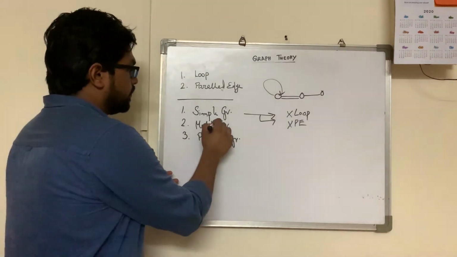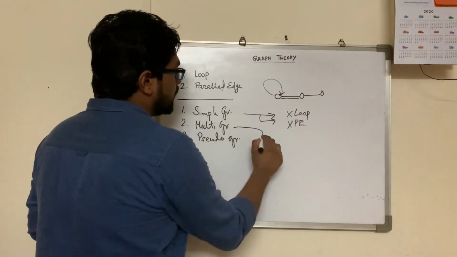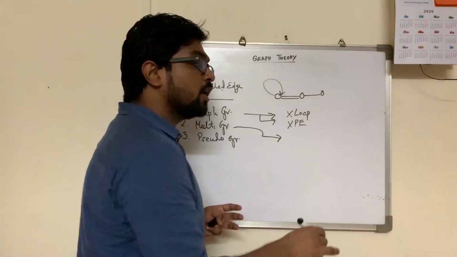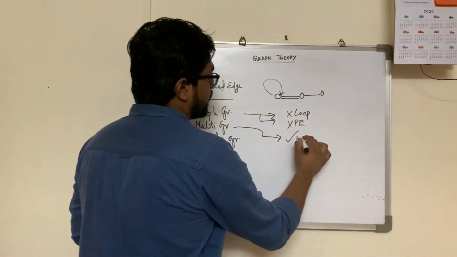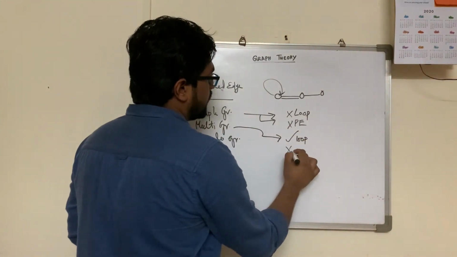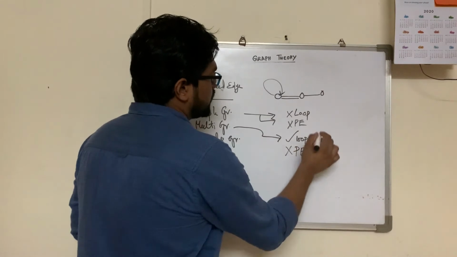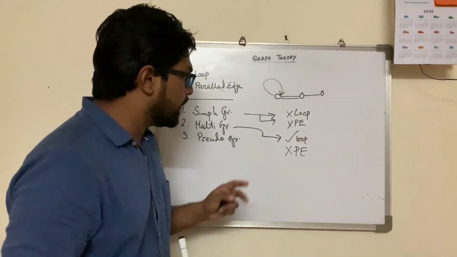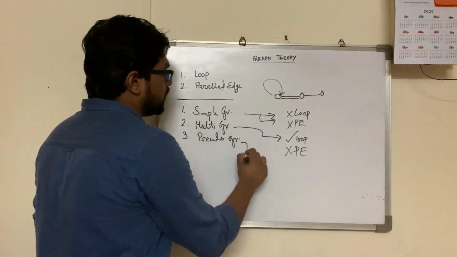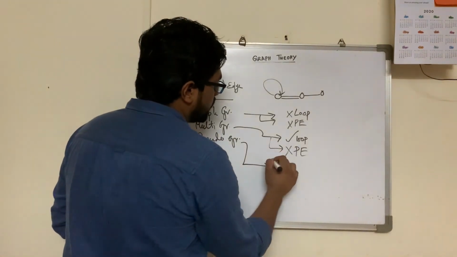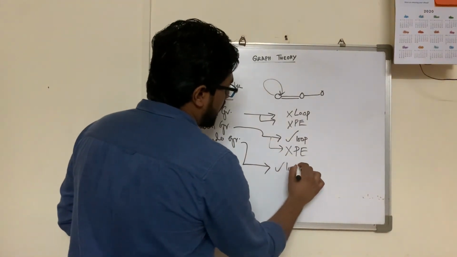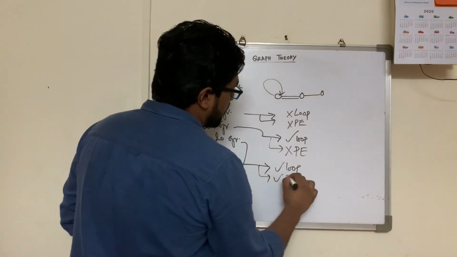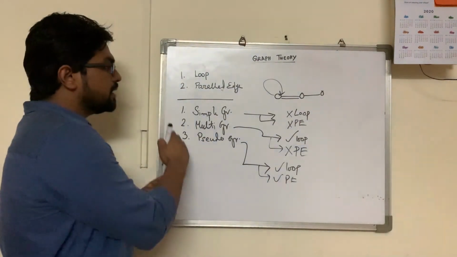A multigraph has loops, but it doesn't have a parallel edge. So that is a multigraph. What is a pseudograph? Now you have understood, right? It has loops and it has parallel edges. So these are the three types of graphs.